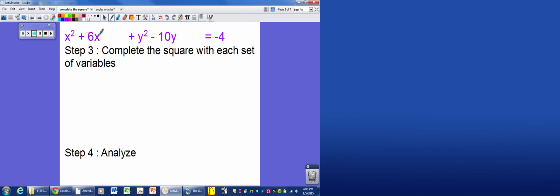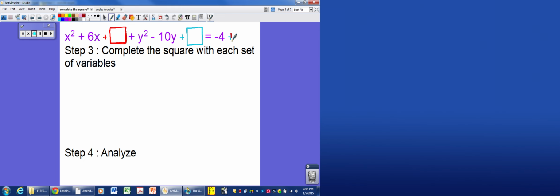So here we have it. x squared plus 6x plus something, plus y squared minus 10y plus something equals this. So I need to add both of these boxes to the other side. Let's go to red.